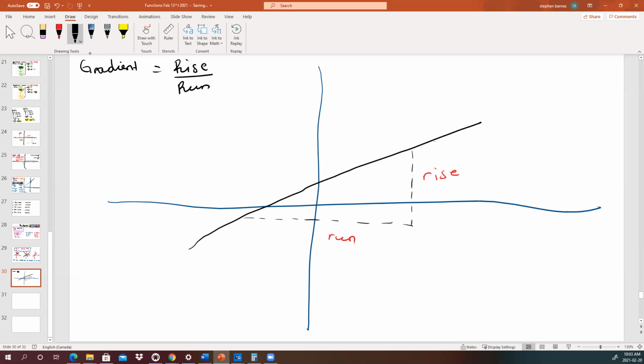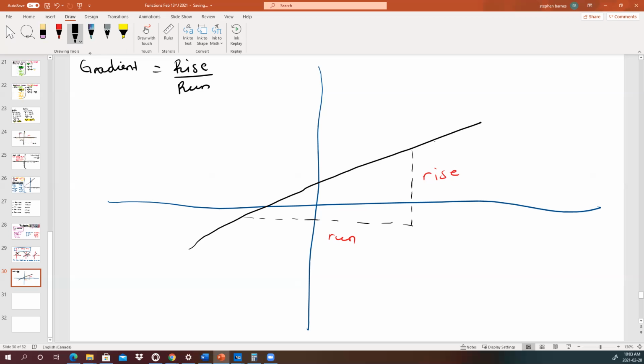So you could use your ruler and measure this in centimeters to get the length of your rise. Follow me? Yes. Then your run is measured from where the two lines meet, this corner of the triangle, over to the other side. It doesn't have to be the negative axis of x. Just know that the run is from left to right.